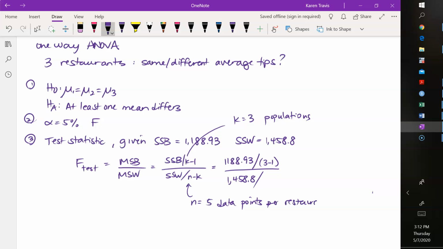So that tells us, or we can see, that we had 15 data points overall. So we'll be using 15 minus 3 in our denominator. And in doing so, what we're going to get is an F statistic.